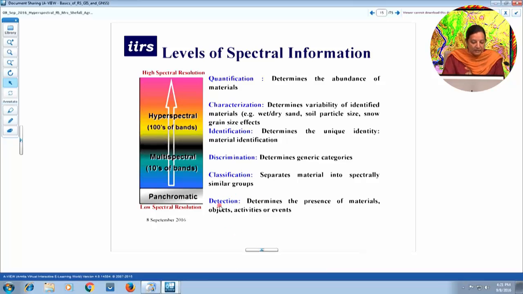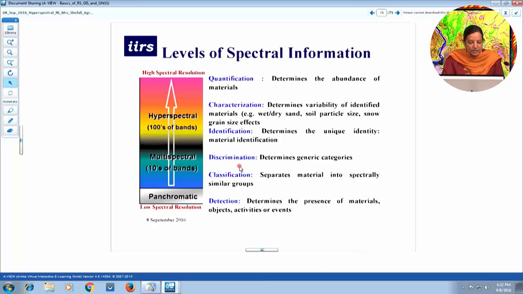For example, in the primary case, with panchromatic and multispectral, it is just detection. The presence of materials, objects, activities can be detected. Then when you have more information, you can classify them into spectrally similar groups. Then you can discriminate between two types of features, this is dense forest, this is sparse forest, or whatever is vegetation. You can discriminate between different categories as the spectral capability increases.